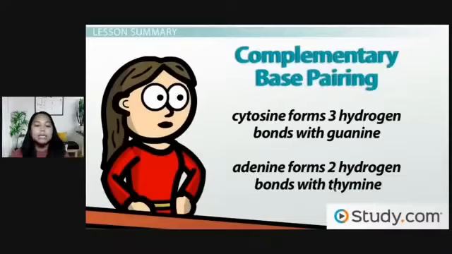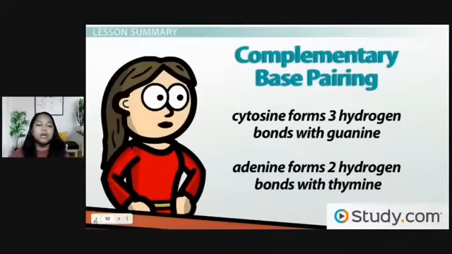Okay? So again, ito po yung nitrogen bases ng inyong DNA, no? So yung C mo, cytosine would always be forming bonds with guanine, 3 hydrogen bonds, and adenine would always be forming 2 hydrogen bonds with thymine. Kaya tandaan lamang AT, that's adenine, thymine, 2 hydrogen bonds, and CG, cytosine, guanine, with 3 hydrogen bonds between them.